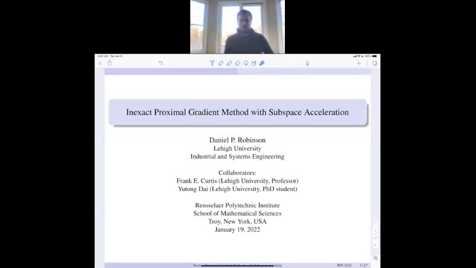And I'll just say right up front that when I'm talking about subspace acceleration, it is not what people often think of when they think of, for example, Nesterov acceleration or momentum in optimization algorithms. We're talking about a different type of acceleration here that is related to certain definitions of subspaces that I'll define, and also acceleration through use of second derivative information, but in somewhat limited fashion.